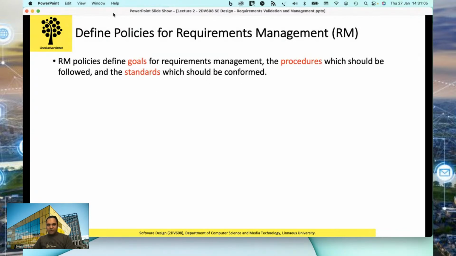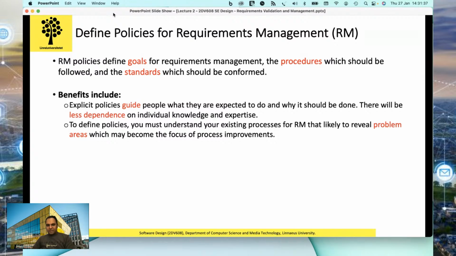So we should have a policy also for our requirements management. And the goal of the requirements management policy is to define some procedures, or some systematic approach to face or accept or reject a change in requirements or change in the system.